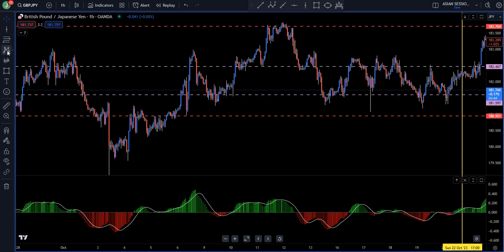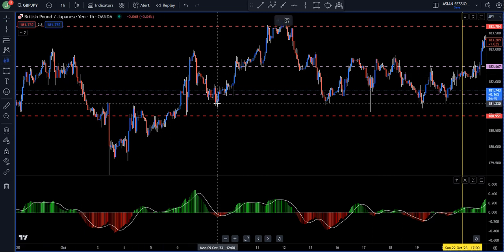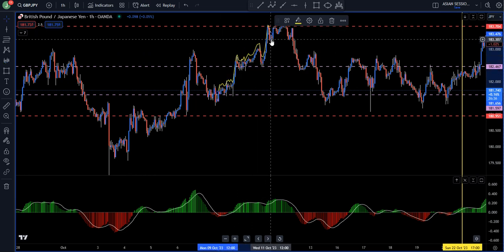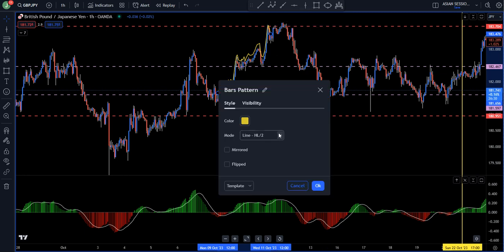So I simply take my bar and I am going to clone this move. That's it. I'm going to clone this move. And I like mine to be in a bar. So let me do my bars.